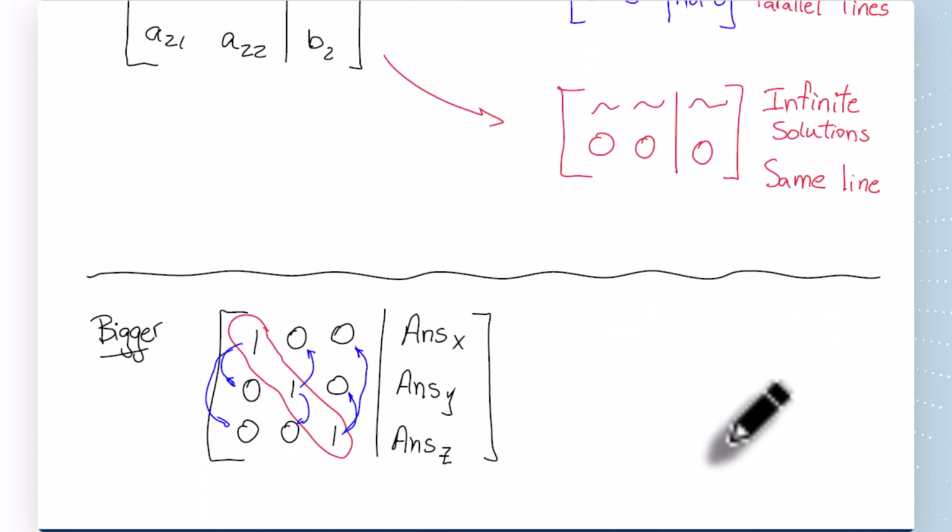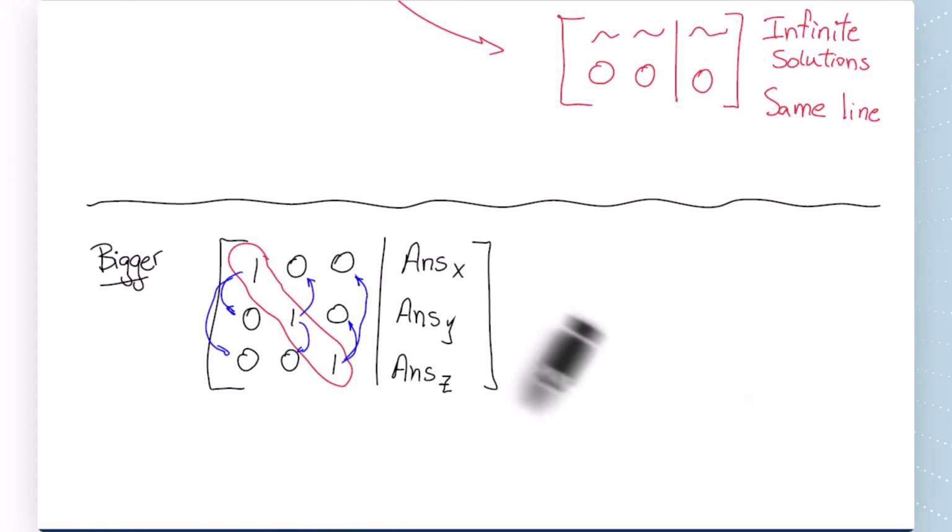Now, if things get bigger, supposing I had 3 equations, it works the same way. I get a 1, I make 2 zeros under it. I make a 1, I get a 0 above it and a 0 below it. And I make a 1, and then I use it to make 2 zeros.